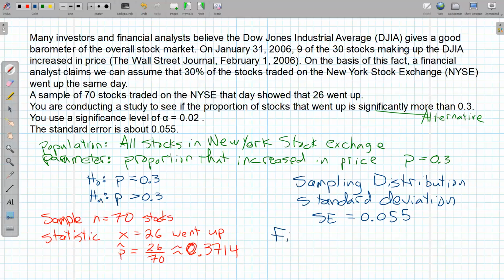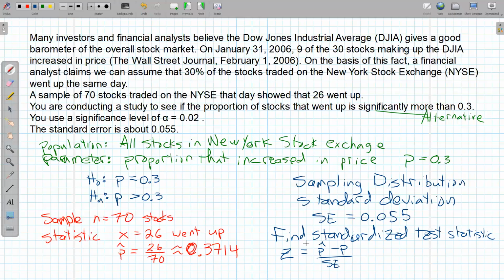Once I know the null hypothesis, the sample data, and the standard error, I can now find the z-score. That's called the standardized test statistic. Standardized test statistic is the z-score. For a proportion, the z-score is p hat minus p over the standard error.